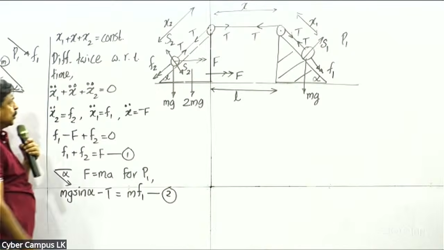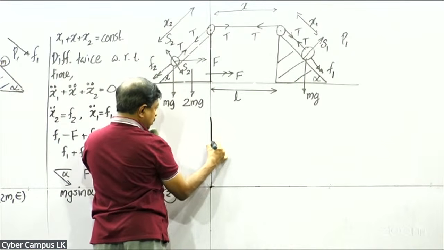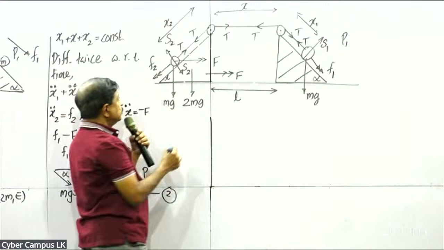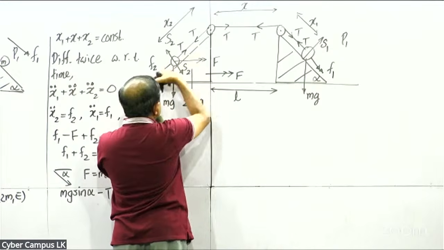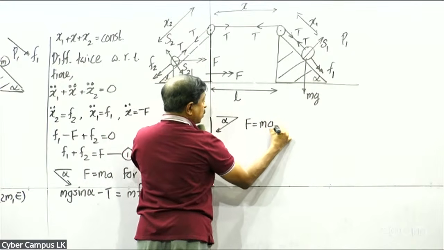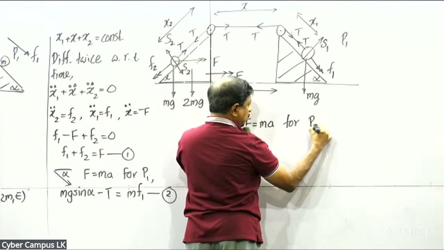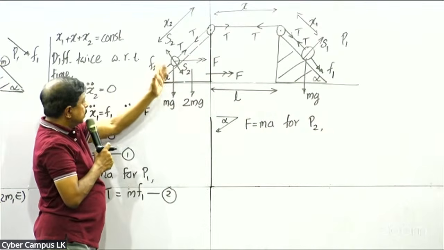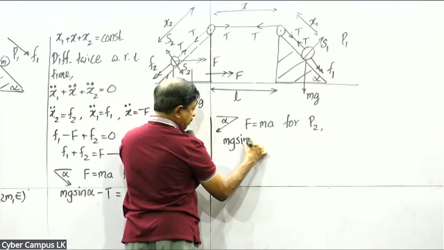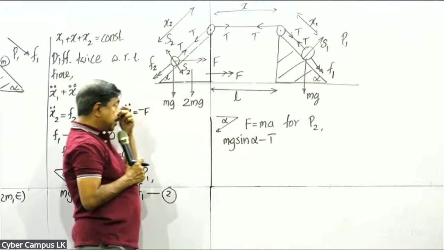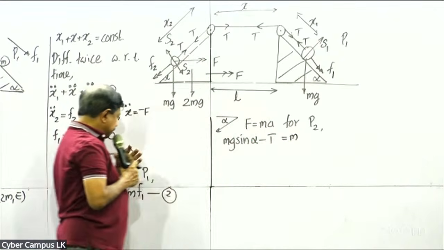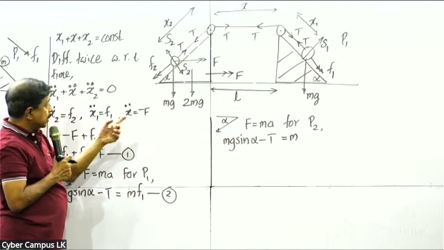Now I can apply an equation to P2. So again, it is like this. You get again mg sine alpha minus T, the same tension, equals m times f2.